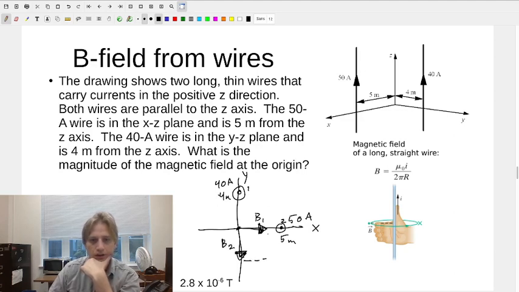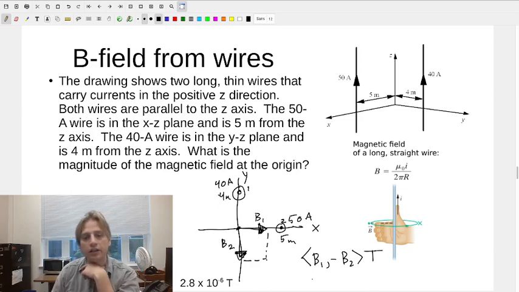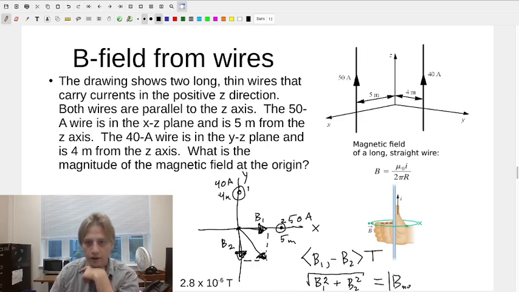And then, if we just wanted the vector, it would sort of be b1 in the x direction and then minus b2 in the y direction would be our vector, and it would have units of Tesla. And then if we wanted to find the magnitude of that, we would have to use our Pythagorean theorem, because these two are perpendicular, and then we'd find the length of this arrow right there, and it would have a length of b1 squared plus b2 squared, and then we take the square root. And that would be our b net.